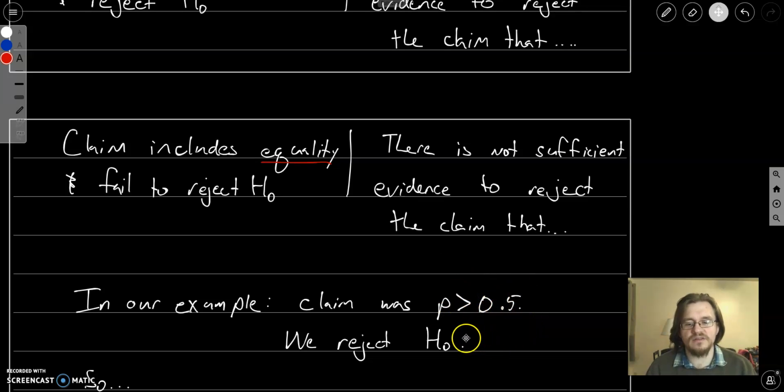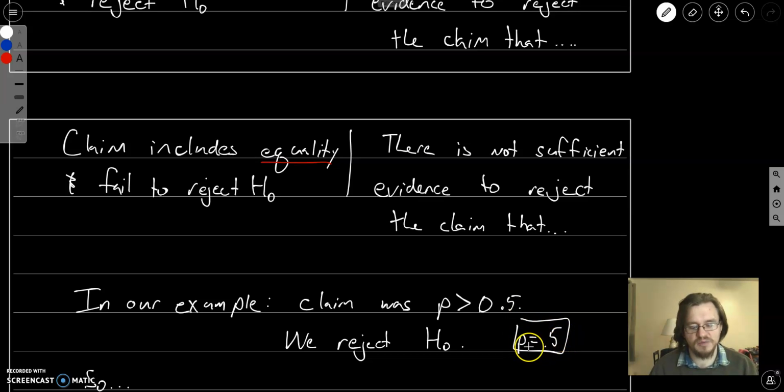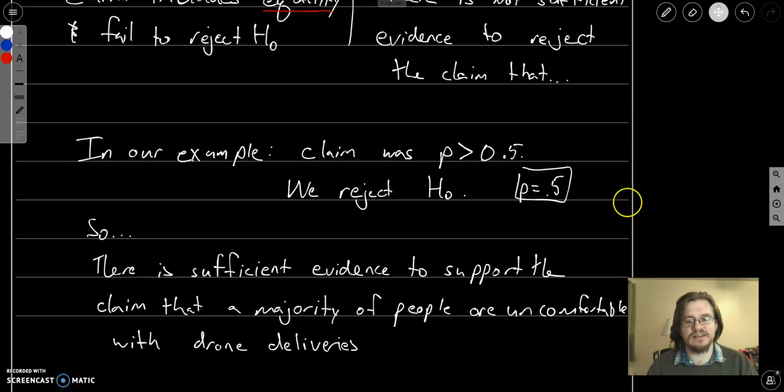And we found that we rejected H0, the null hypothesis. And the null hypothesis, just so that we remember, was that P was equal to 0.5, as in the proportion of people that are uncomfortable with drone deliveries is exactly 0.5. Well, we rejected that.